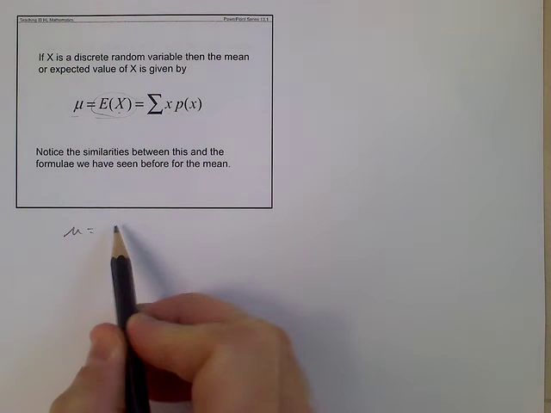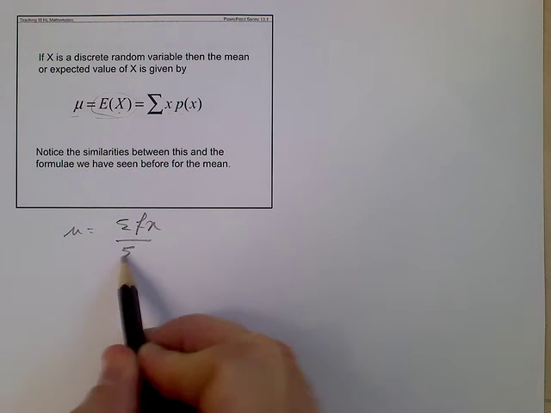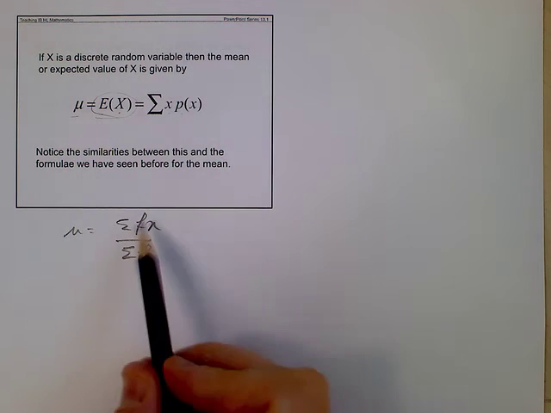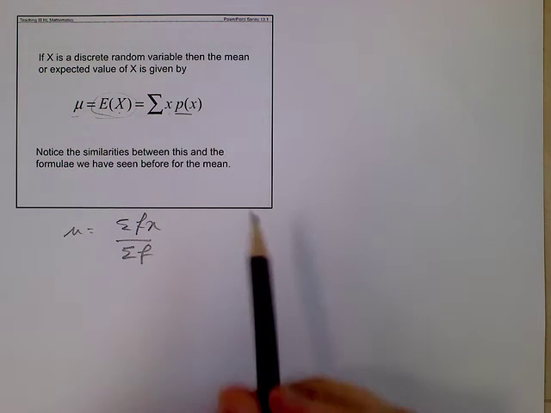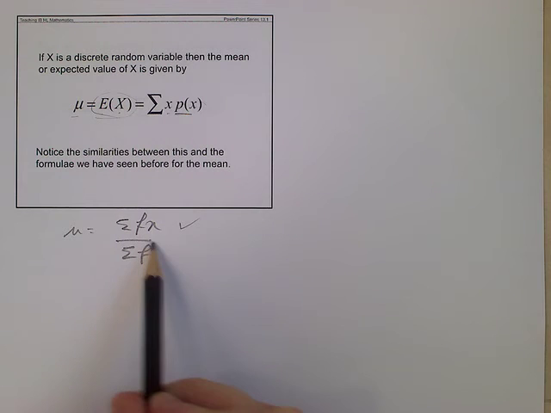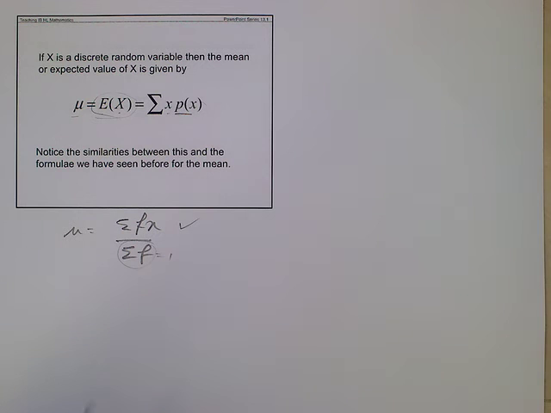We've seen before that the mean is given by the sum of fx over the sum of the f's. Well, in this case, if the frequencies correspond to probabilities, then of course x times the frequency matches the top. The sum of the frequencies, if they're probabilities, of course equals 1. So the formula is very similar to the formulas we've seen before for the mean.